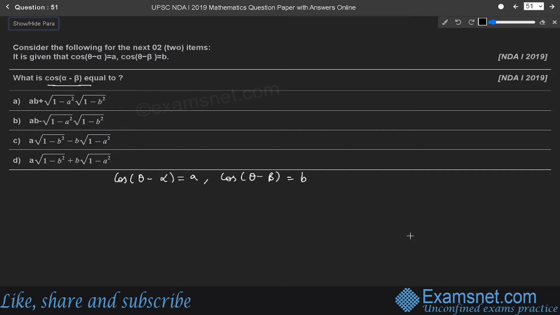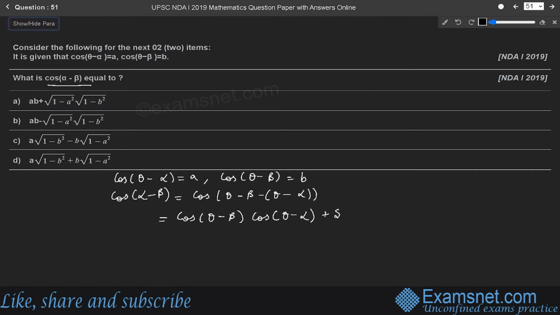We have to find the value of cos(α − β). cos(α − β) will be equal to cos((θ − β) − (θ − α)), which will be cos(θ − β) cos(θ − α) + sin(θ − β) sin(θ − α).